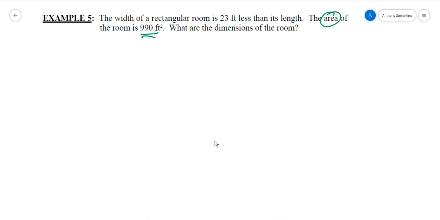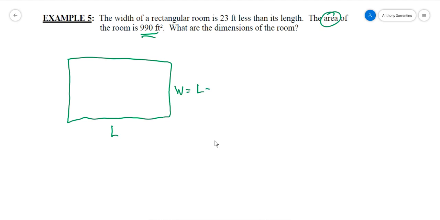It's going to be degree 2. It's going to have squaring involved. We had done a problem like this before. It's a very similar setup. I have a length and I have a width, which is just 23 feet less than the length. I like to have everything in terms of one variable because I can solve those equations easily.